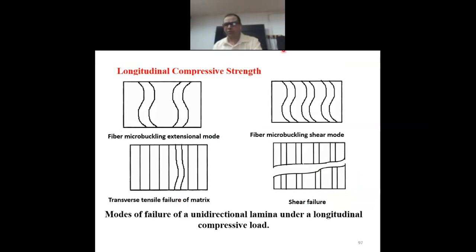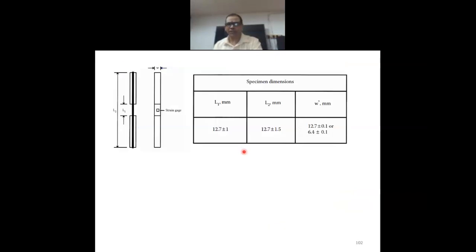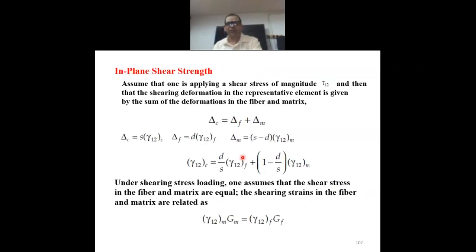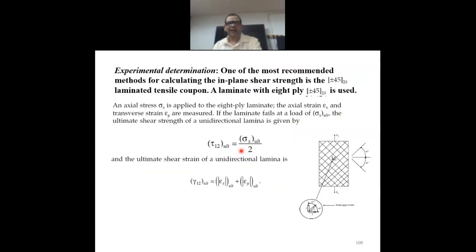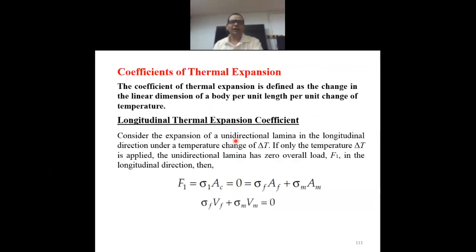So longitudinal compressive strength, we can find out, of course, by experiments, then transverse tensile strength, transverse compressive, then in-plane shear strength, right? For a 2D composite structure, there are 4 moduli and 5 strengths. So we need to find them out, right?